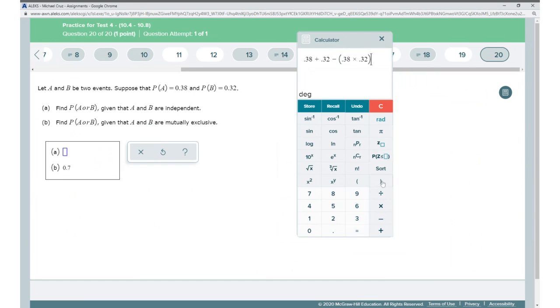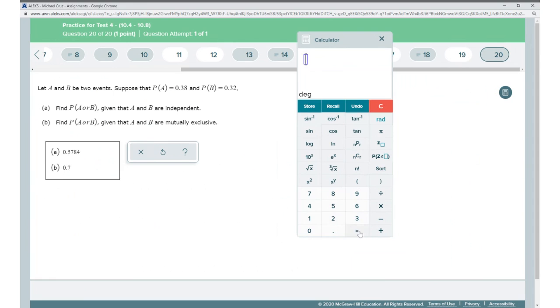Now, order of operations, it should do that first, but I'd put the parentheses in there to force it to make sure that it does that multiplication first. And then, sometimes if I do something complicated like this, I want to just double check it.